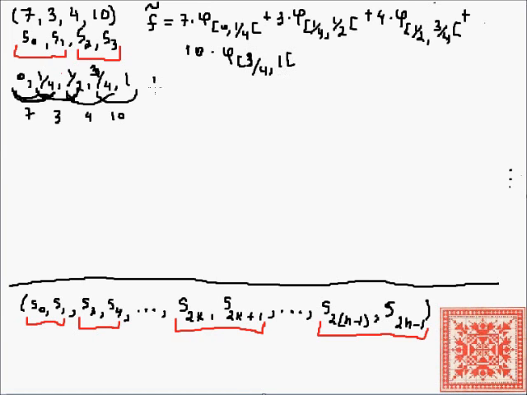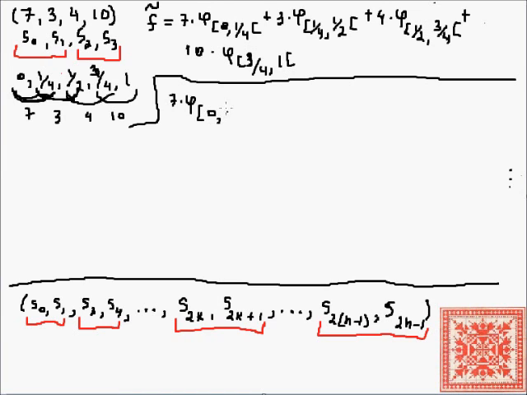Okay, so let's dilate the first pair of values, 7 and 3. We'll get 7 times phi from 0 included to 1 over 4 excluded, plus 3 times phi from 1 over 4 included to 1/2 excluded.